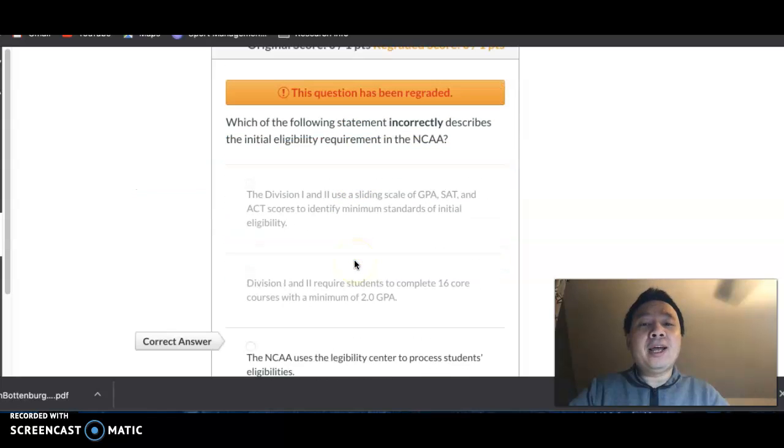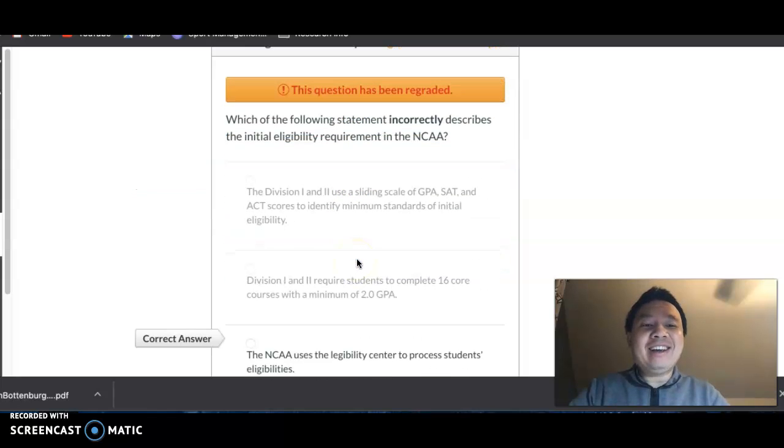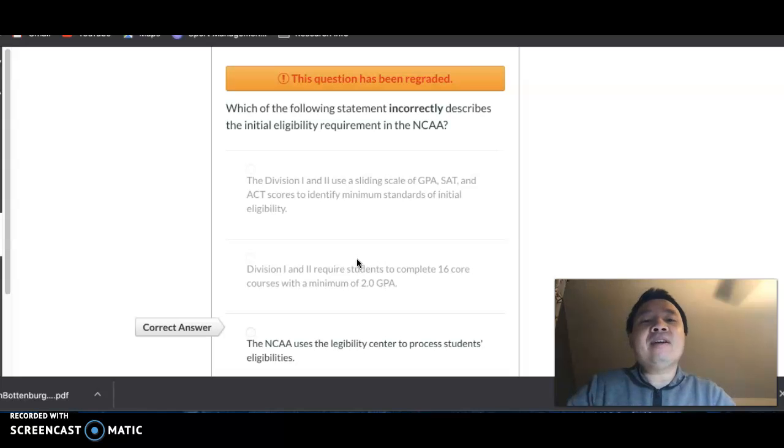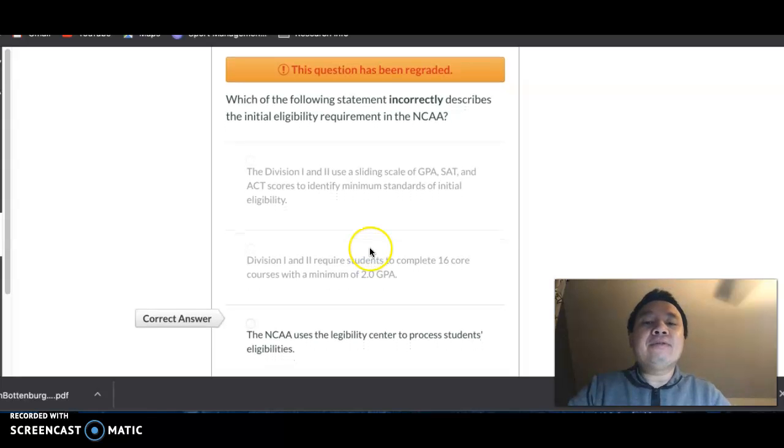Question number 4, the answer I provided was actually incorrect. Which of the following statements incorrectly describe the initial eligibility requirements in the NCAA? The final correct answer is this one. Division 1 and Division 2 require students to complete 16 core courses with a minimum of 2.0 GPA.